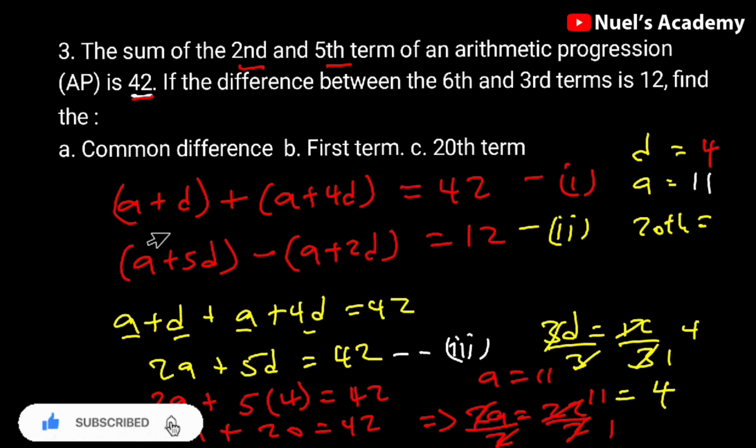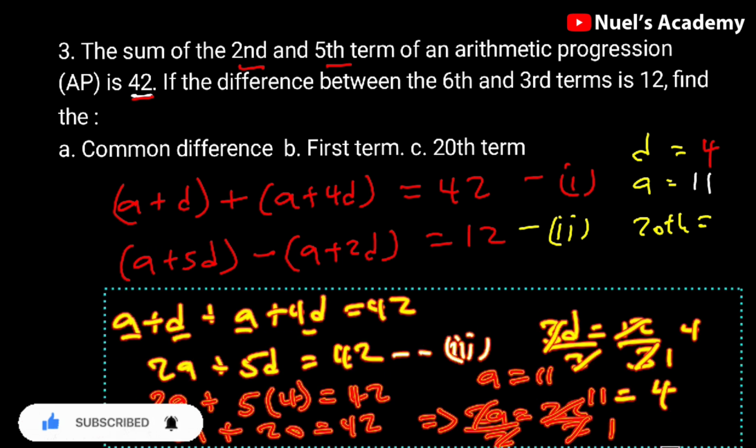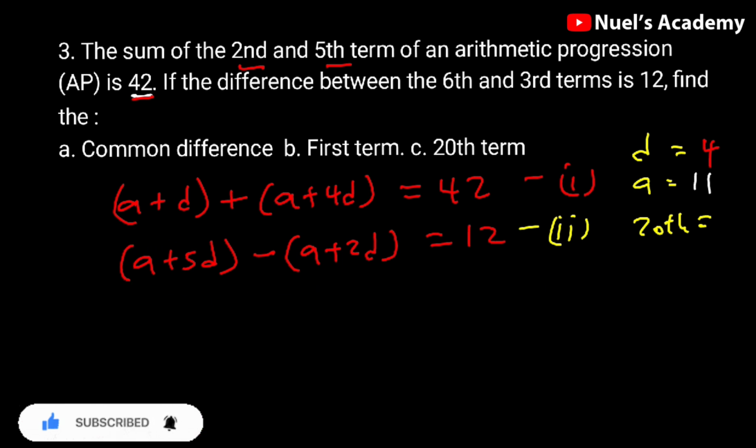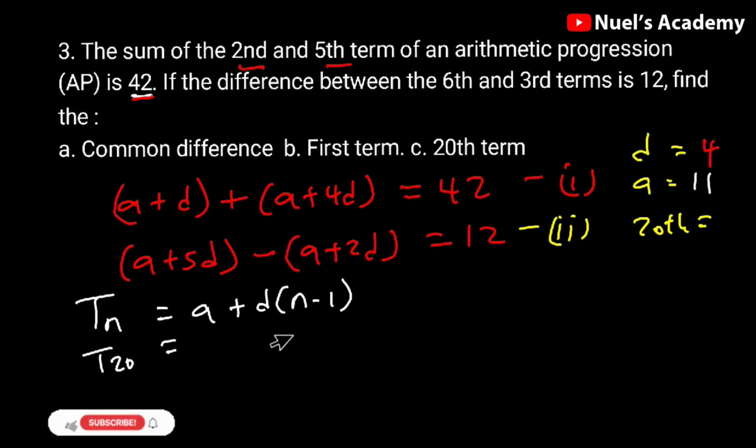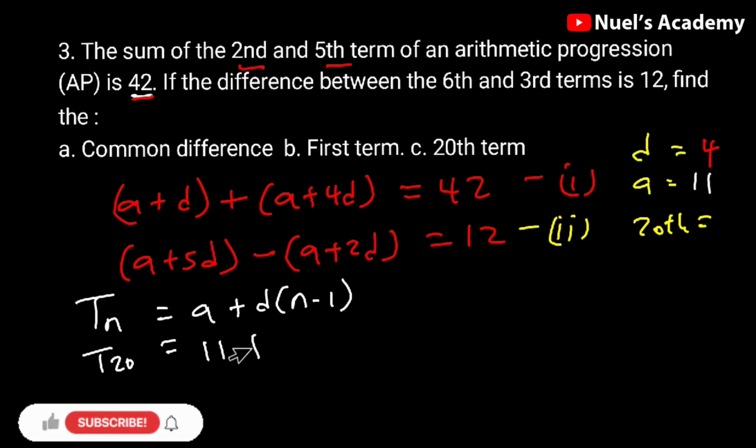Now let's go ahead and find the 20th term of that AP. The formula for the nth term of an AP is a plus d multiplied by n minus 1. So the 20th term is equal to the first term, which is a here, 11, plus the common difference, which is 4, multiplied by 20 minus 1.